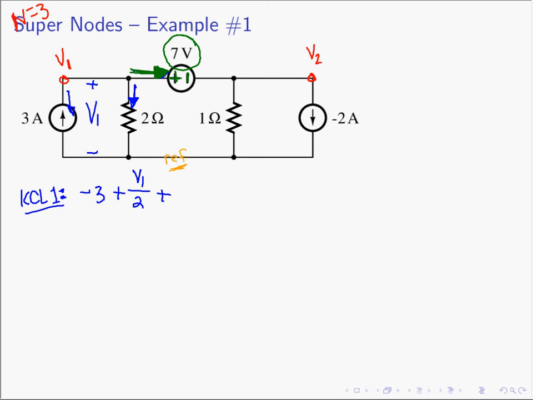A voltage source maintains a voltage, and the current can be anything it wants. The current flowing through a voltage source is whatever makes the rest of the circuit happy. There is no relationship between the 7 volts and the current. So at this point, we don't know what this current is. So let's just give it a name and keep on going. We'll call it I question mark. So we get minus 3 plus V1 over 2 plus I question mark equals 0.